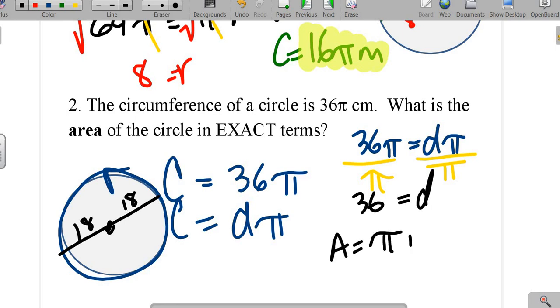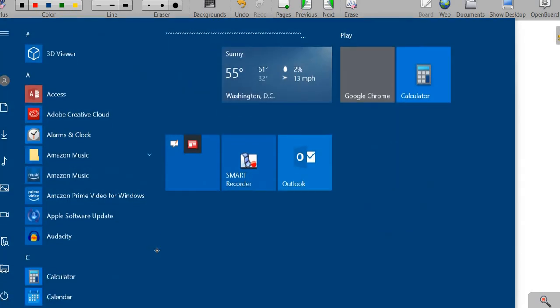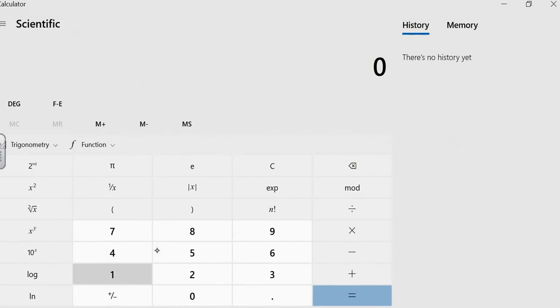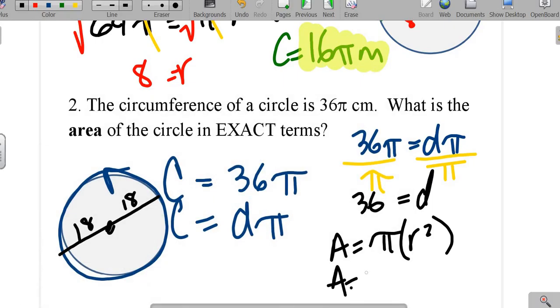Area equals pi r squared. So 18 times 18 is 324. We get area is equal to 324 pi centimeters squared. That is the exact terms.